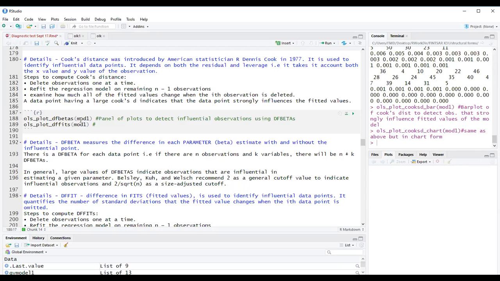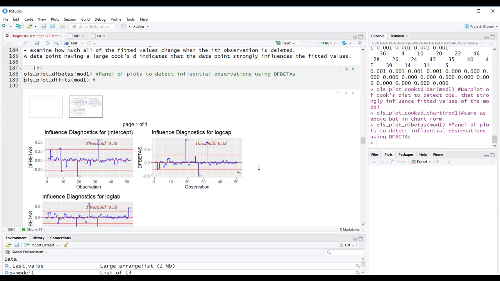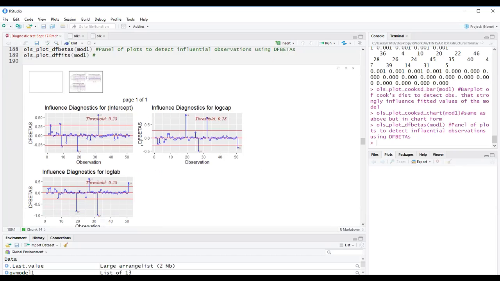Alright, so let's look at this. Run natin si DF beta. Okay. So ito, guys, sa bawat independent variable, sinama pa nga si intercept din. So si log lab labor, okay, tingnan natin.